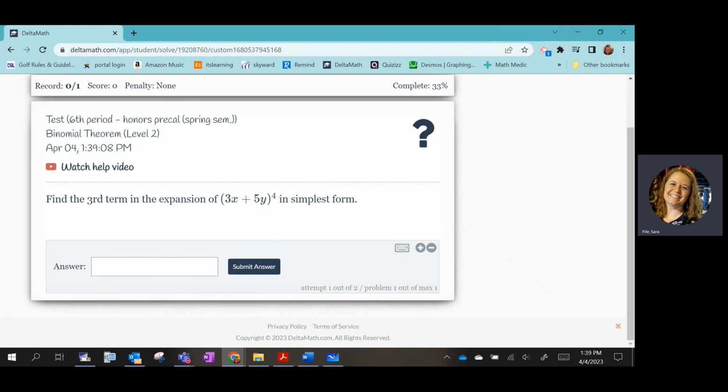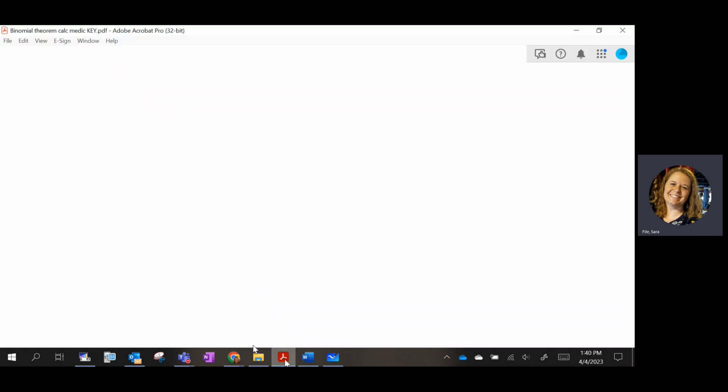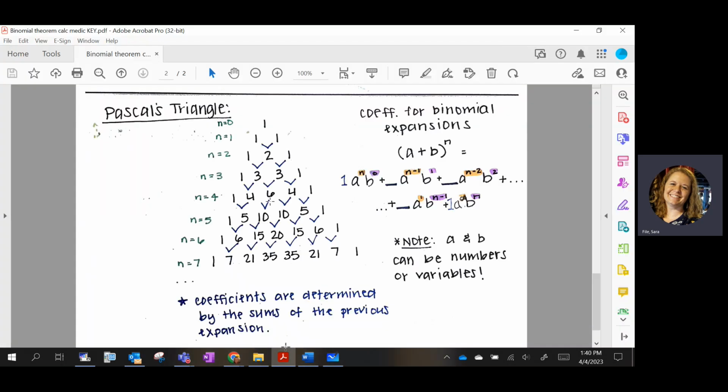And then by then, the 3x would be to what power? 3x would be down to squared. What's 3x squared? 9x squared. 9 and then just the x squared, right? Okay, what would the 5y be to what power by that term? Okay, so again, we're looking at the very middle one.